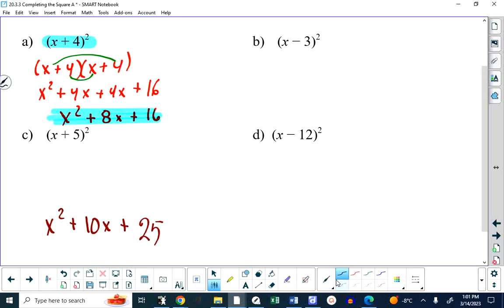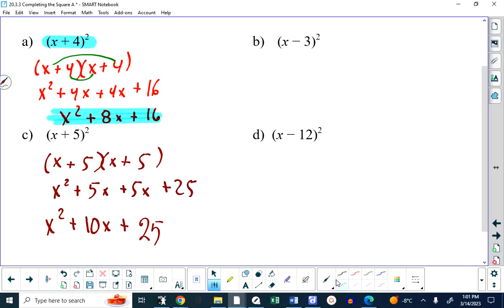If you need to write out x plus 5 times x plus 5 to get the right answer, regardless of how many steps you need to take personally, if you need to write that out, by all means write it out. When you FOIL this, you get plus 5x in the outer, plus 5x for the inner, plus 25. So our answer is right here. This is our answer to C. This is our answer to A.